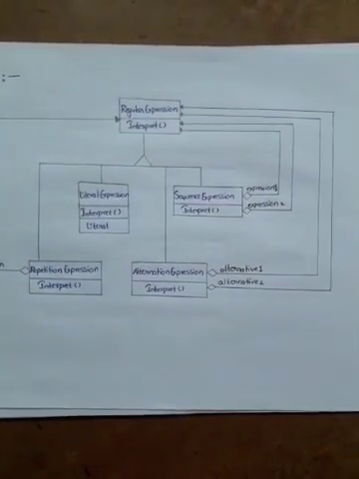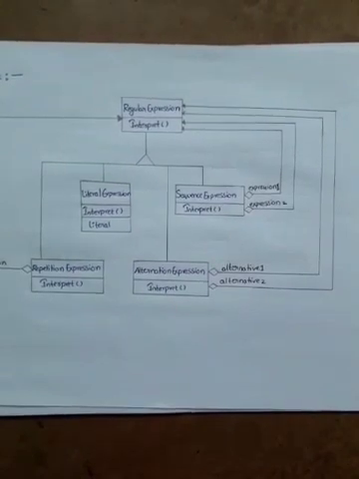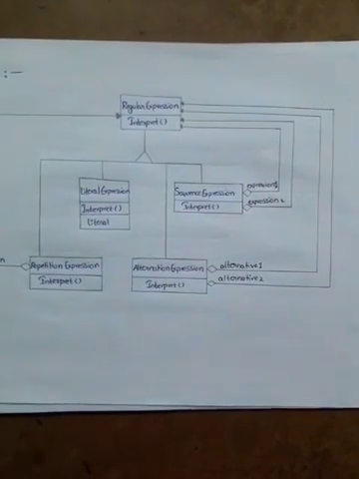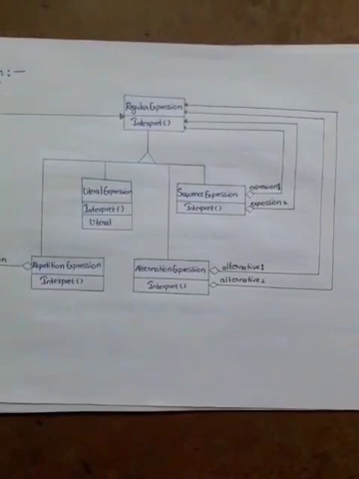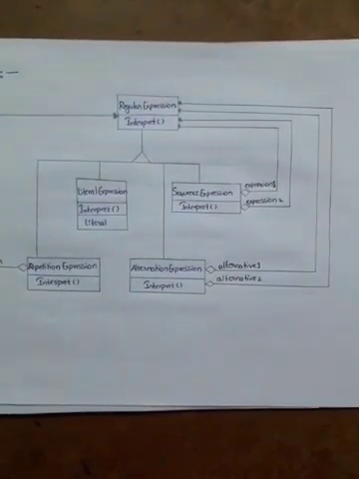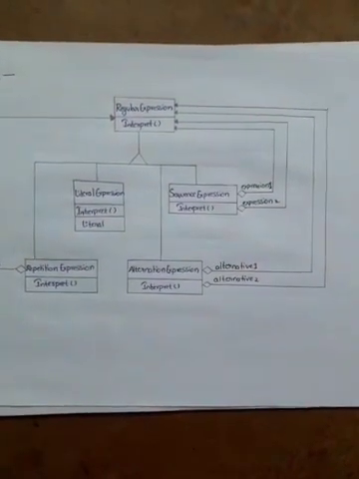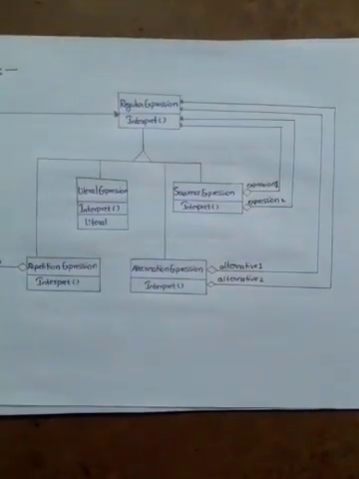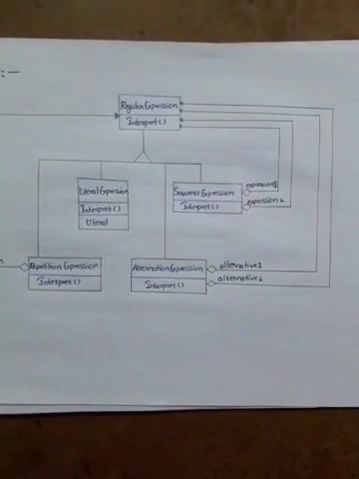The context contains the input string and information on how much of it has been matched so far. In this, each subclass of regular expression implements interpret to match the next part of the input string based on the current context.